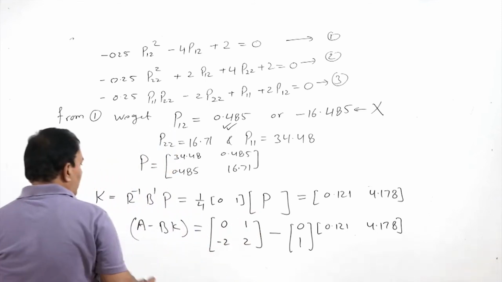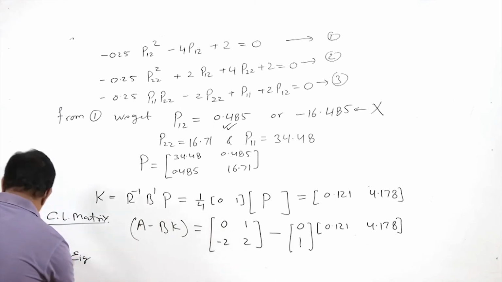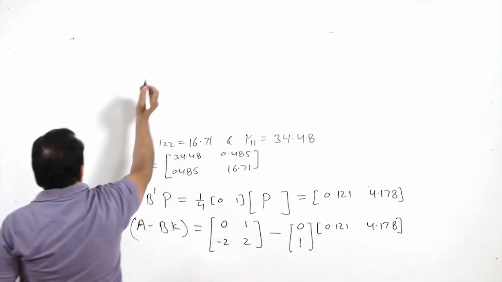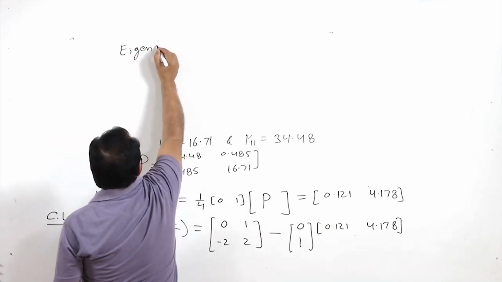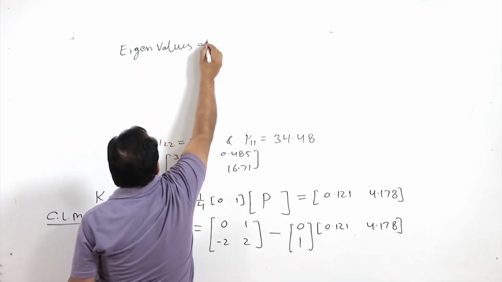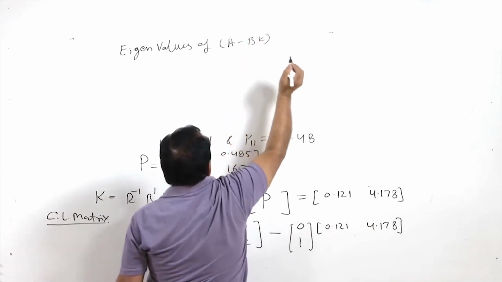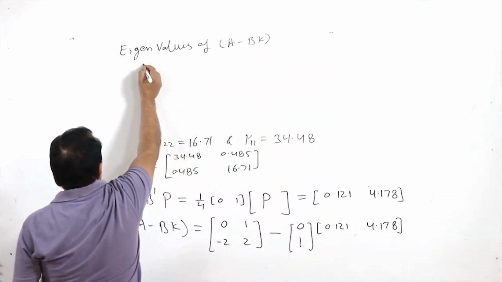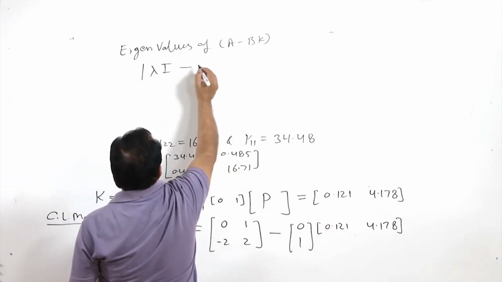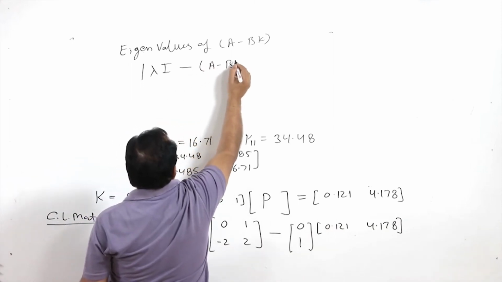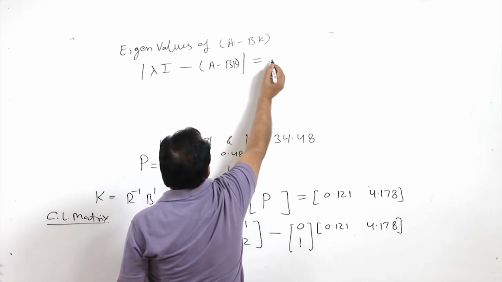So, this matrix can be solved, and then we find the eigenvalues of A minus Bk, which will be nothing but the determinant of lambda I minus A minus Bk equal to 0.